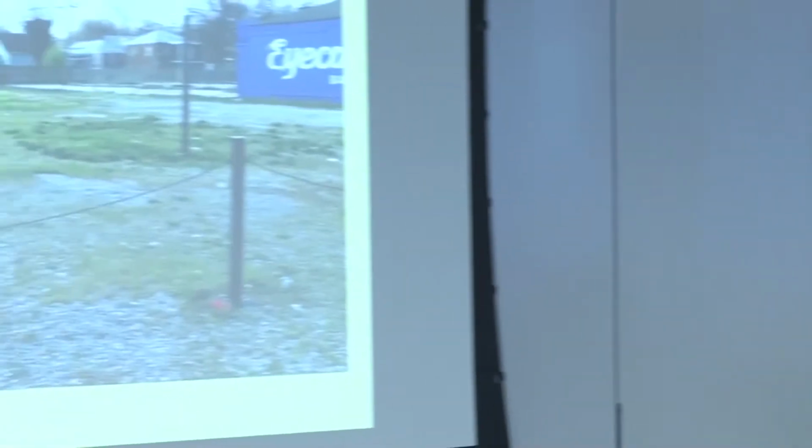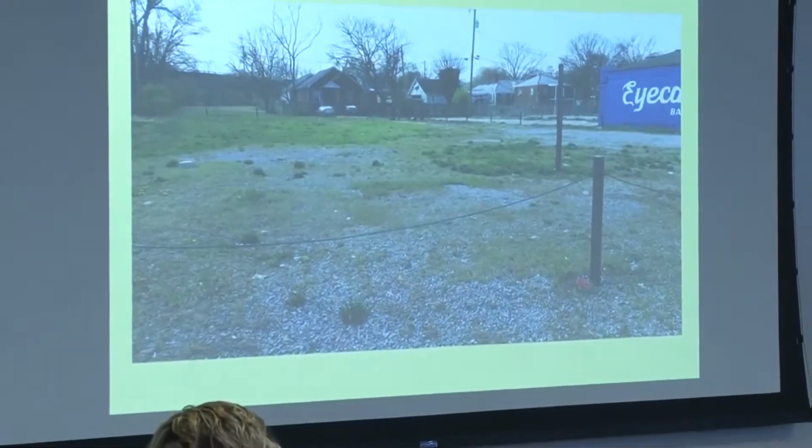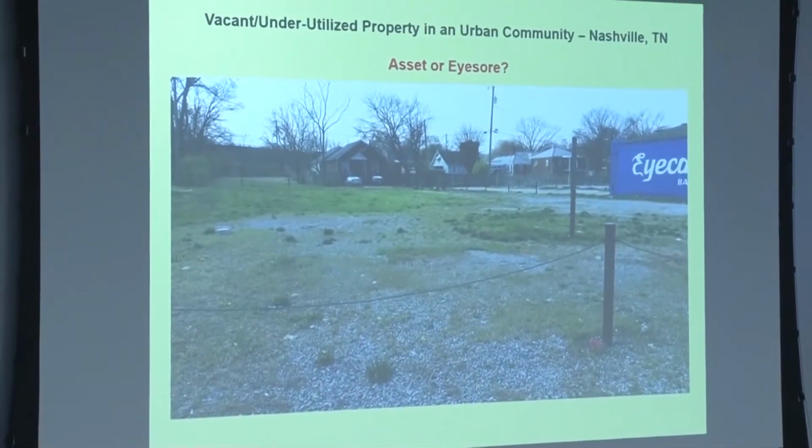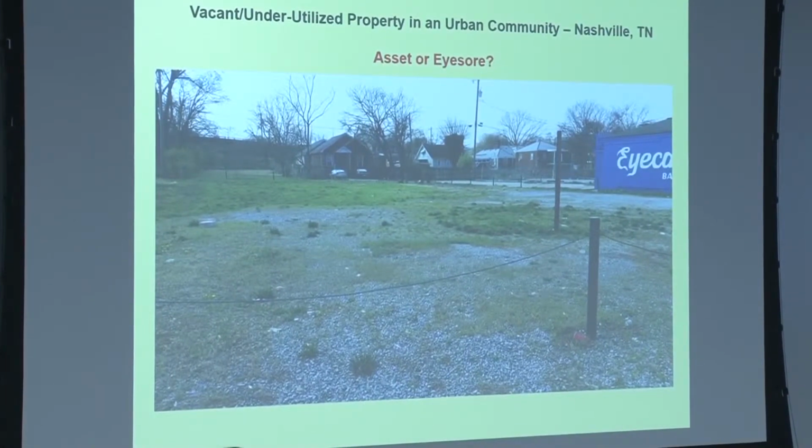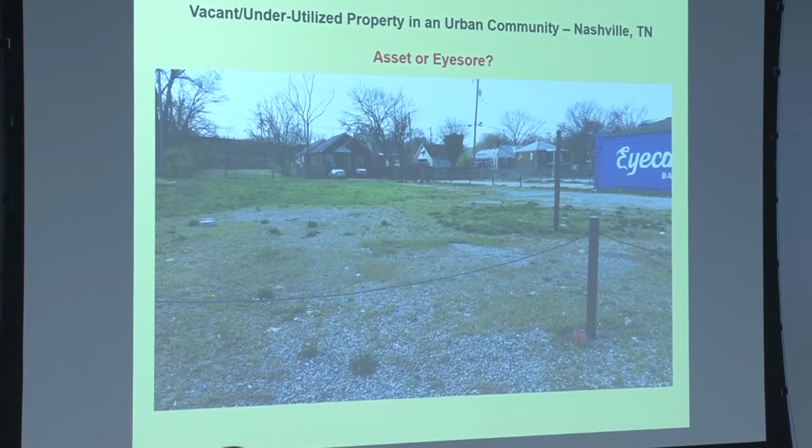So here's a community in Nashville, and we might think of this vacant lot as an eyesore. Maybe it's a place where people who we don't like in our communities might hang out, might not want your children there. And so we might think of a vacant lot or a vacant building as something that's bad.